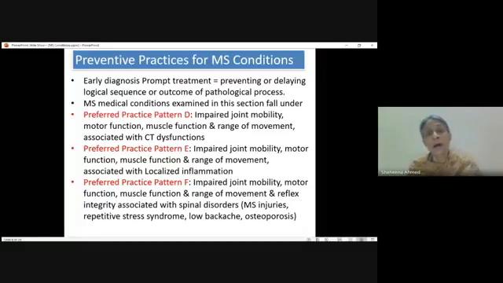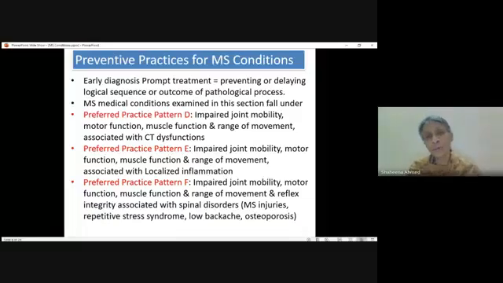The idea is to prevent the complications which might occur due to these musculoskeletal conditions, or if a certain musculoskeletal condition develops, how can the outcome related to that disease be delayed?